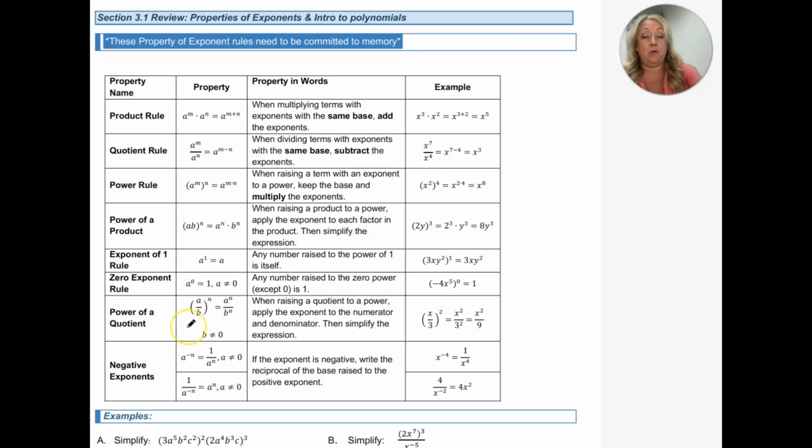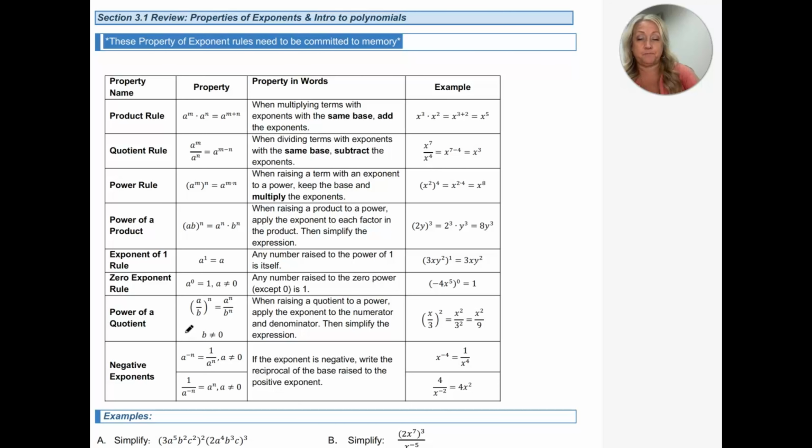All right, and then the power raised to a quotient, so we've got something inside connected by division raised to a power. Again, we want to make sure we give that power to both, everything on the top and everything on the bottom. And again, b can't equal 0 because we cannot divide by 0, so we've got to be careful with that.